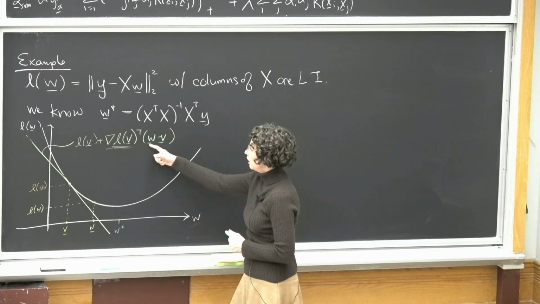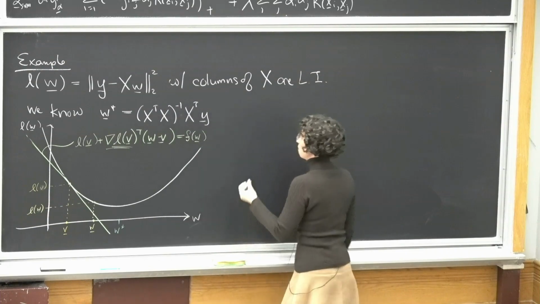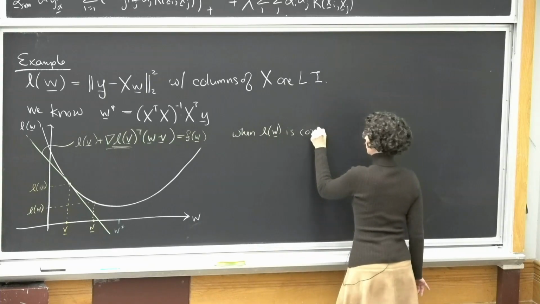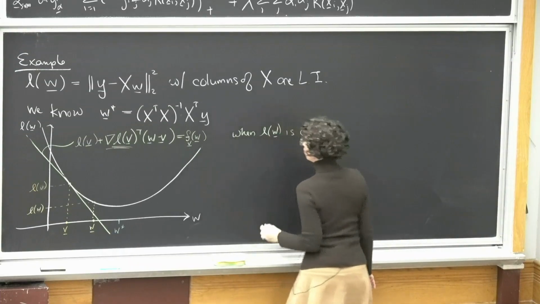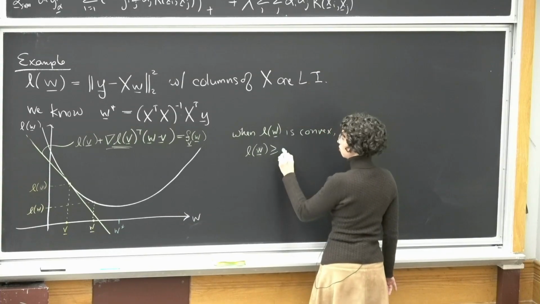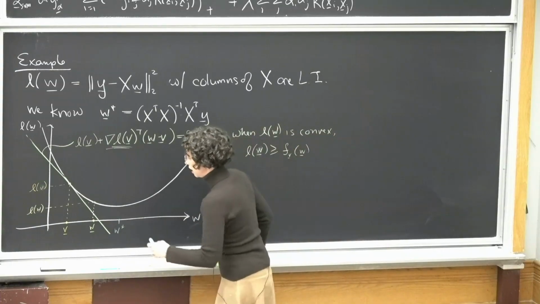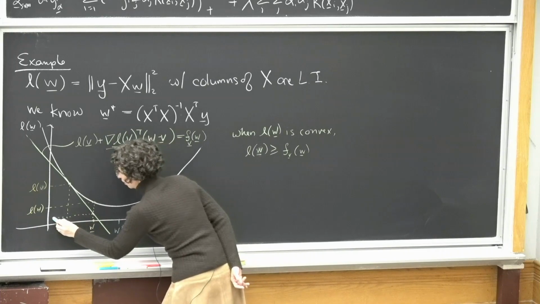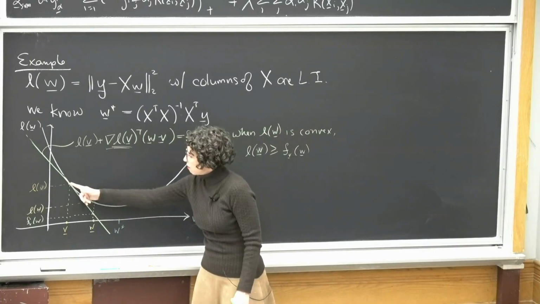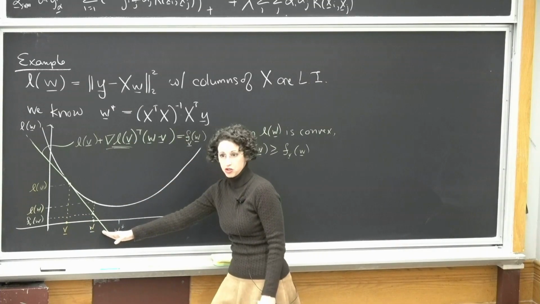And now for any point W, let's just call this thing f of W. So my green line is f sub V of W. And remember we said that when L of W is convex, this loss, L of W, is going to be greater than or equal to this f sub V of W. And so in this picture, we are seeing that because what I've got right here at W, this is f sub V of W. I've drawn my tangent at point V, and now for any point W along here, my function in white, my loss, is above that tangent.